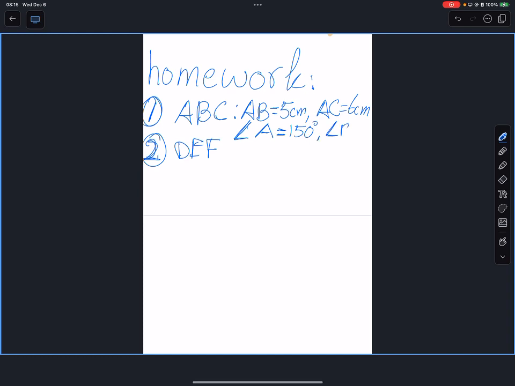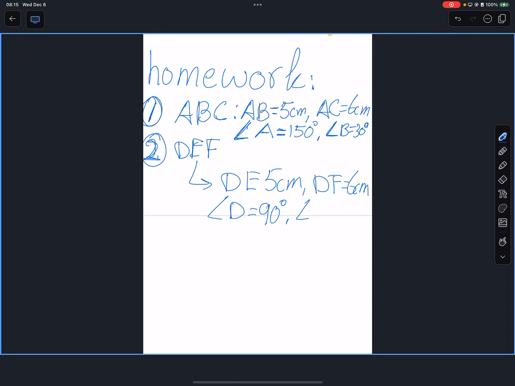Angle of B 30 degrees. DEF same lengths. DE 5 centimeters, DF 6 centimeters, angle of D 90 degrees, angle of E 45 degrees.